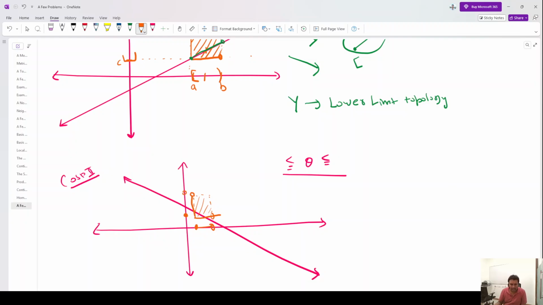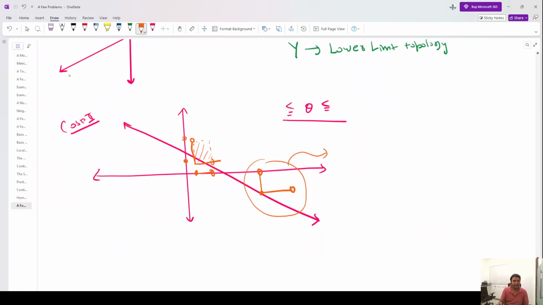Or can you take something like this? So this is open and like this. This kind of picture allows me to think, why can't I shift this rectangle a little bit up where these are meeting? So in this case, what is the intersection?